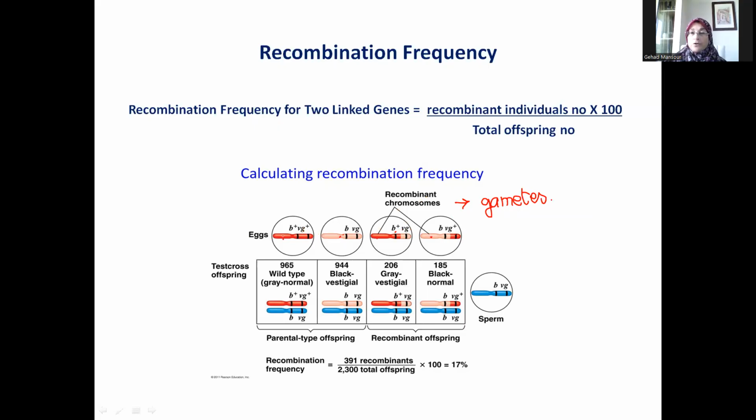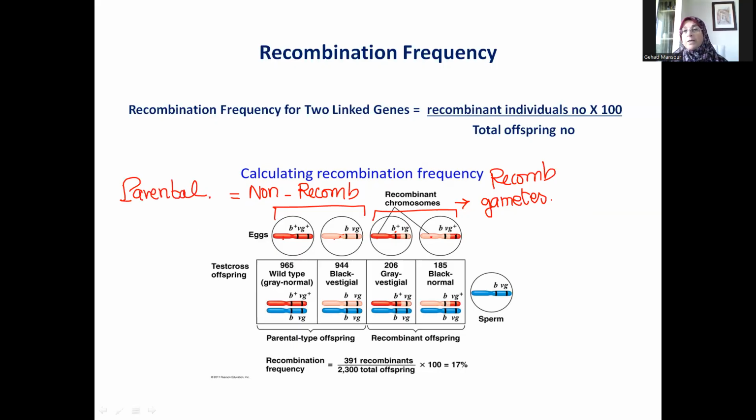Here we have non-recombinant chromosomes, and therefore these 2 gametes are non-recombinant gametes, or you can just say parental gametes, where one of them resembles the first parent and the other resembles the second parent, okay?